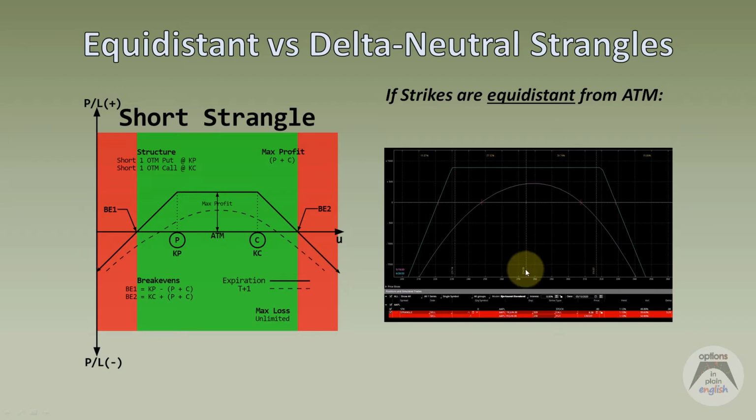This position wants the price to go higher, so it has a directional component. It's not a delta neutral strategy, which is fine if that's what you want. But if you wanted a perfectly balanced short strangle, then you are going to be trying to construct a strategy that doesn't have a directional component on it.